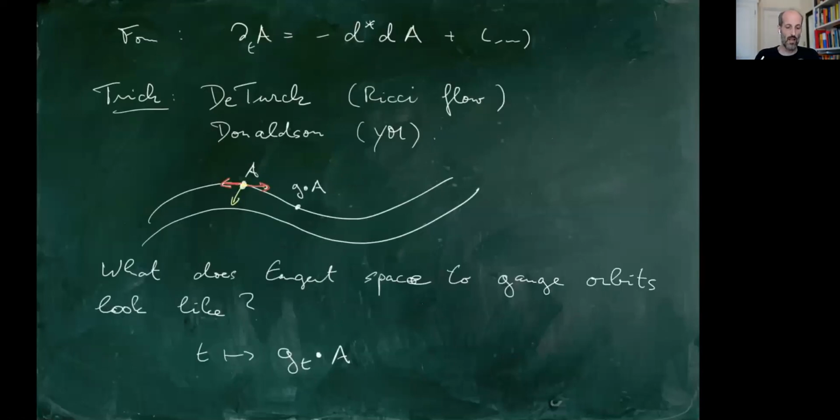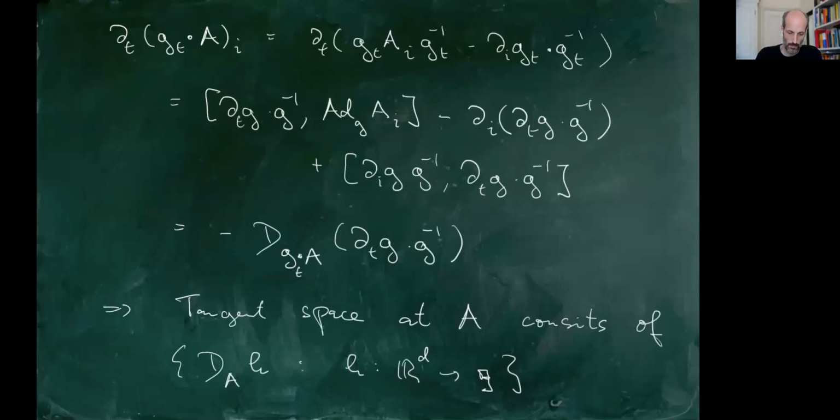In this way, by combining the two, we can create something which has a d star d plus a dd star. So we choose h of A to be minus d star A.